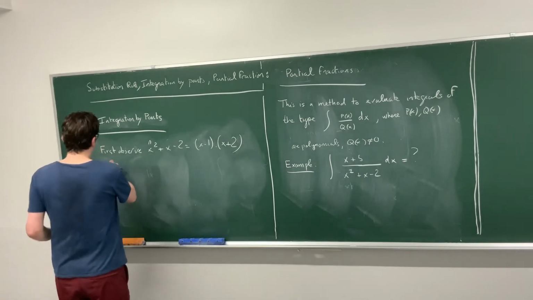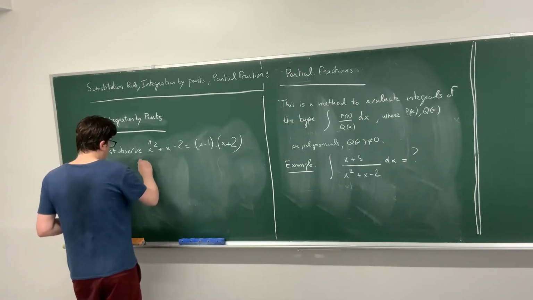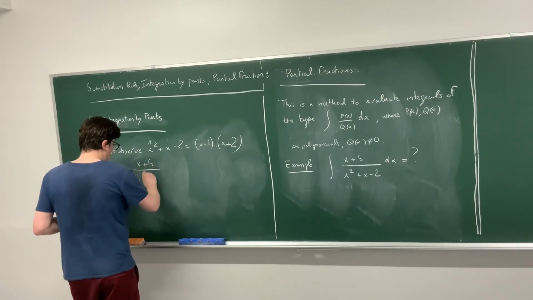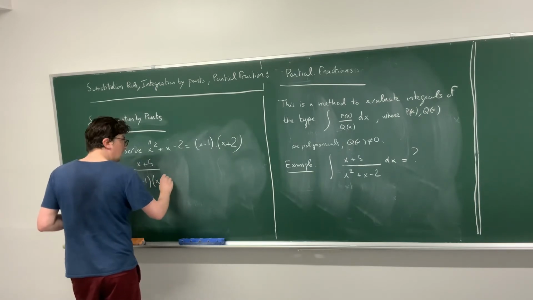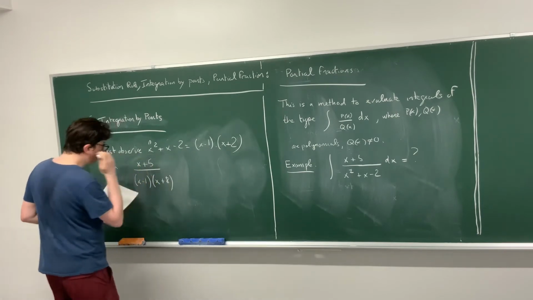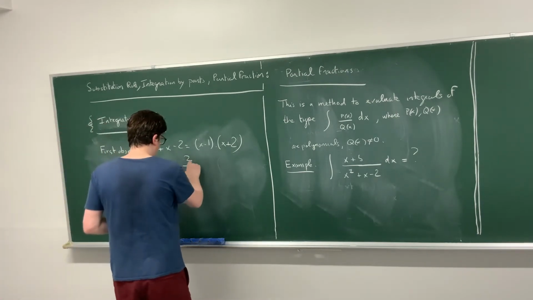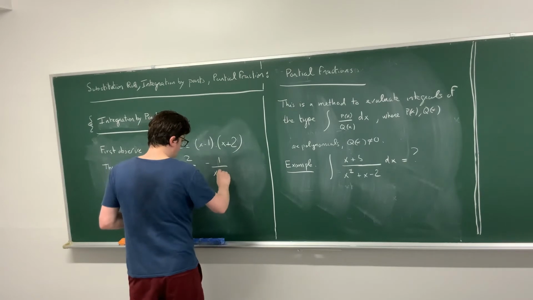And then we can write x plus 5 divided by x minus 1 times x plus 2 as 2 over x minus 1 minus 1 over x plus 2.